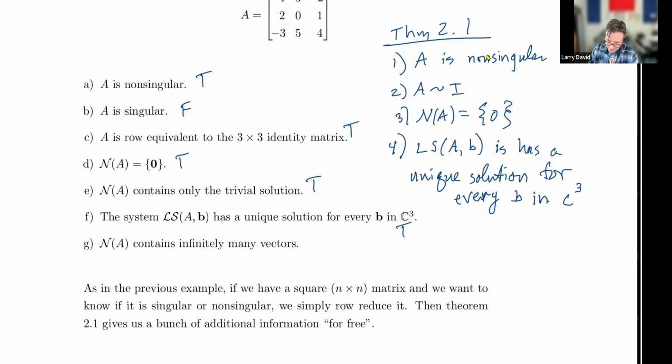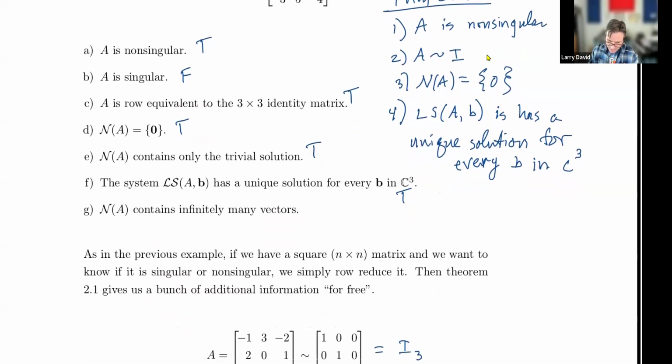And the null space contains infinitely many vectors. Well, we just found that D is true. So here's the null space, and there's only one vector in there. So D and G can't both be true. If D is true, G is false. If G is true, D is false. And in particular, since D is true, we know G has to be false.